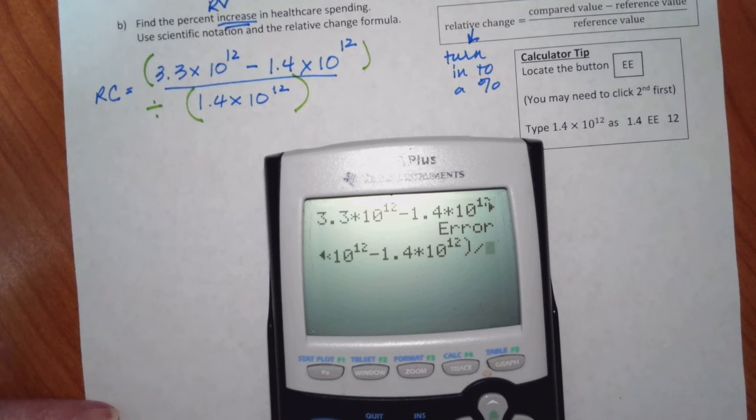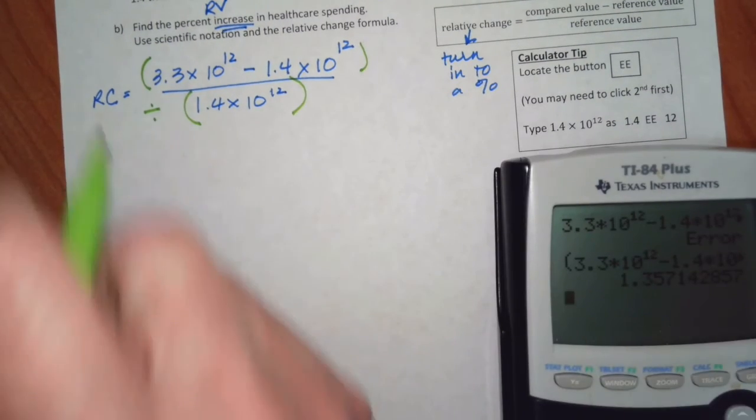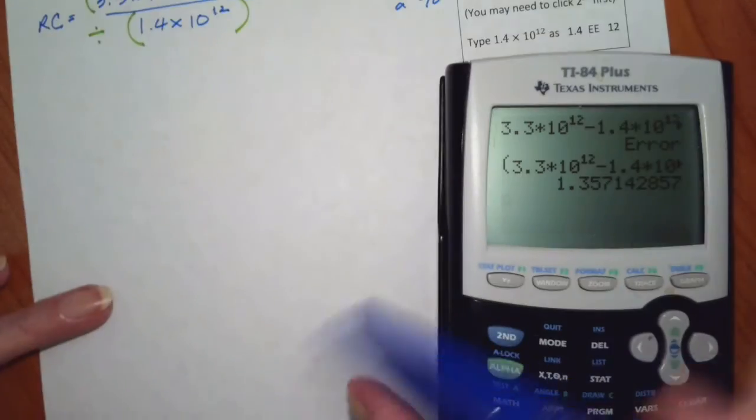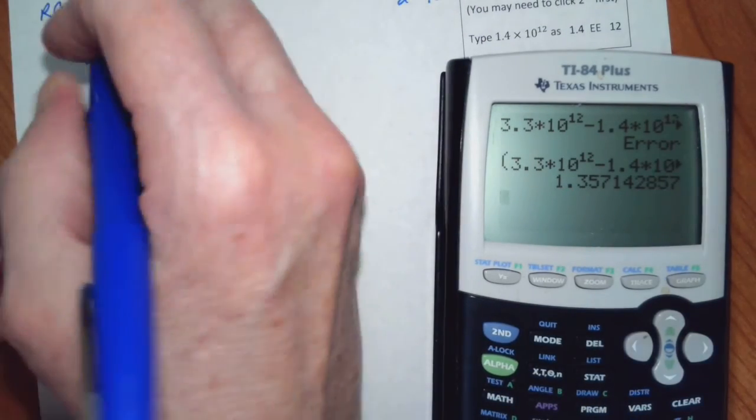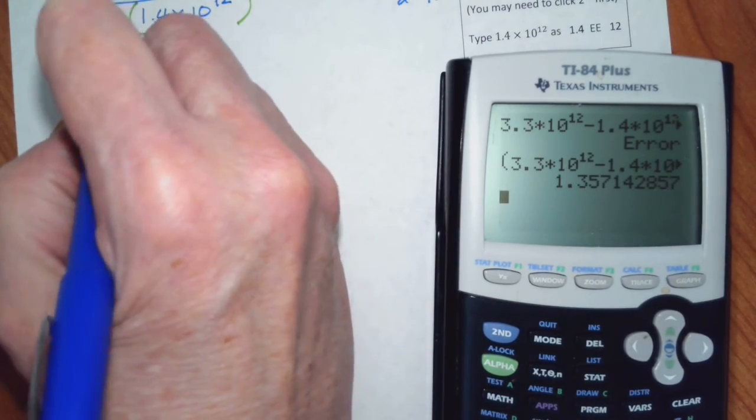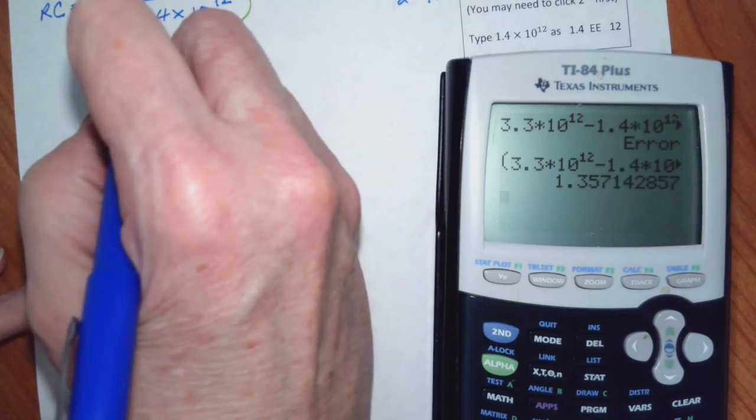Then I'm going to divide that by 1.4 times 10 to the 12th. I think I missed a parentheses at the very beginning. And this gives me, and we will round it to, 1.357.